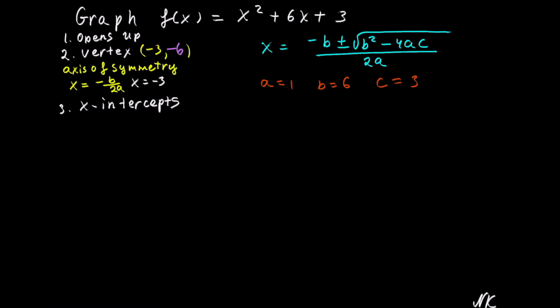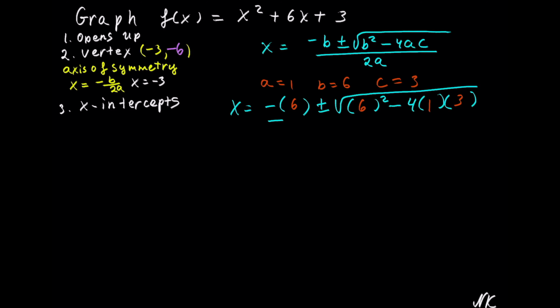So let's plug this into the formula. We have x is equal to negative b, and b is 6, plus or minus the square root of b squared, where b is 6, minus 4 times a times c, where a is 1 and c is 3, all over 2 times a, and a is 1.